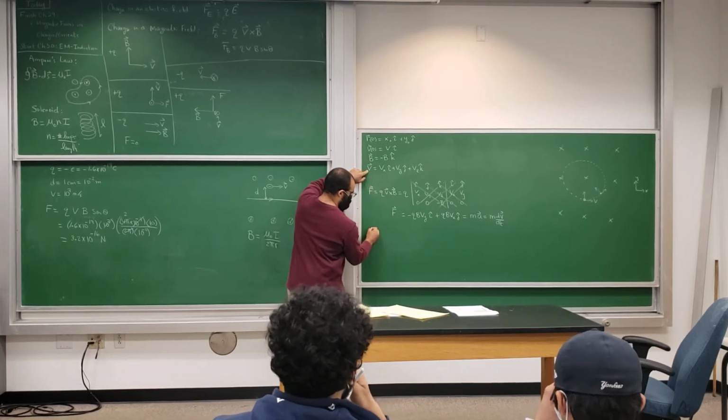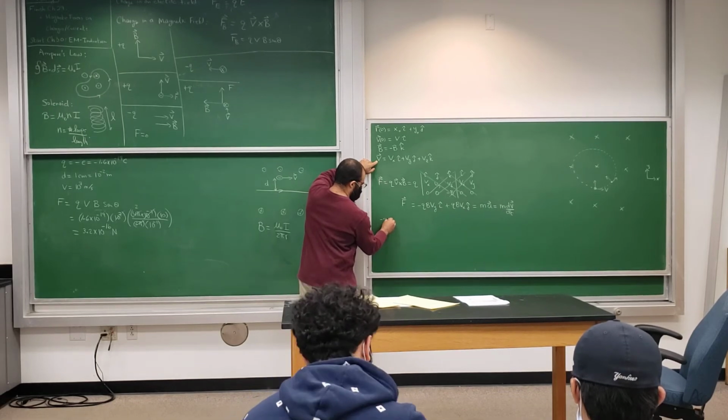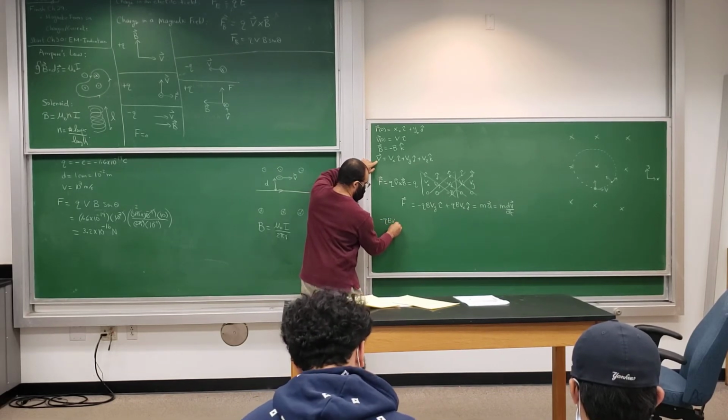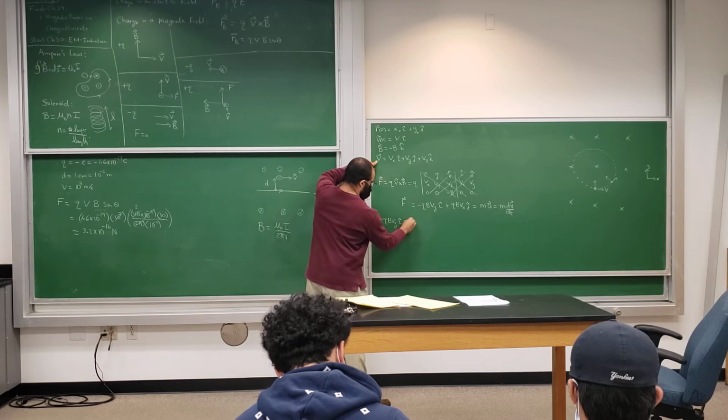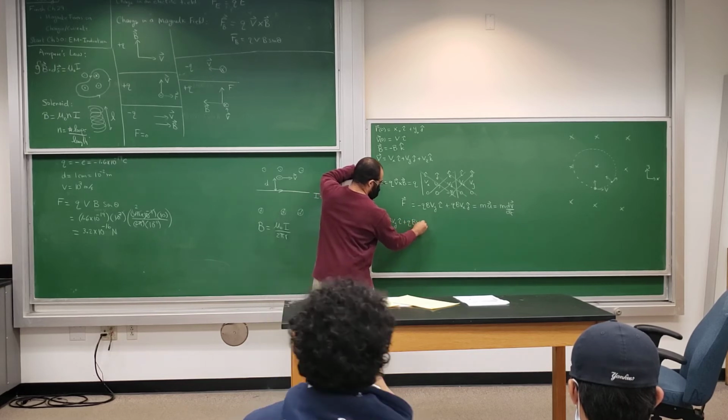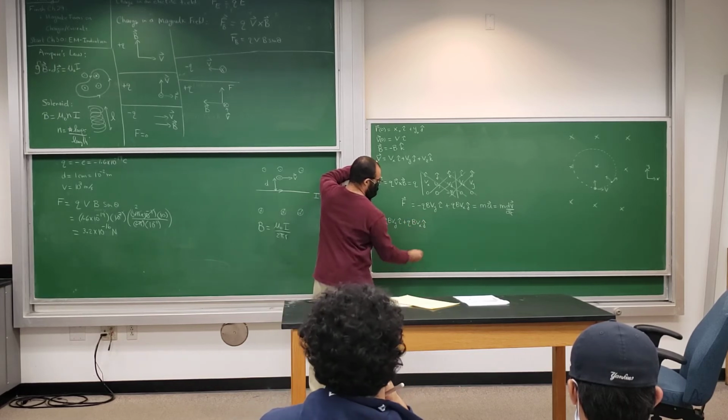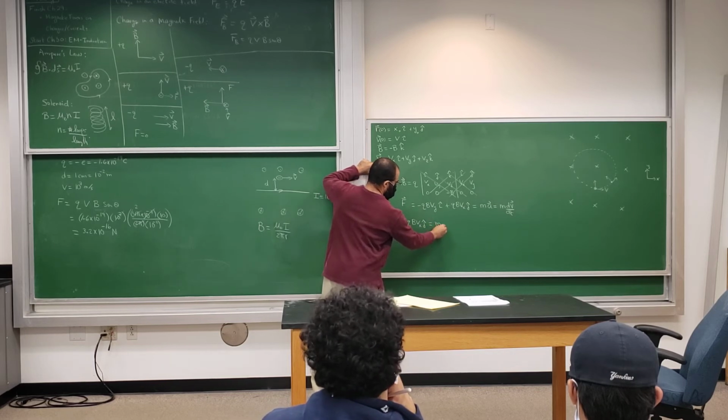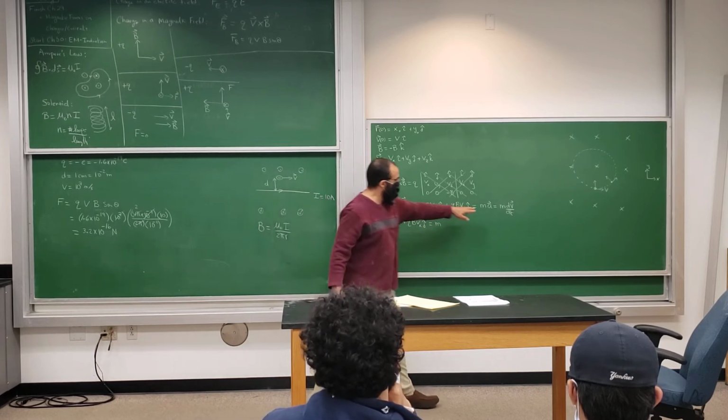On the left side I have minus q B Vy i hat plus q B Vx j hat equals the mass times acceleration, m times dv dt.